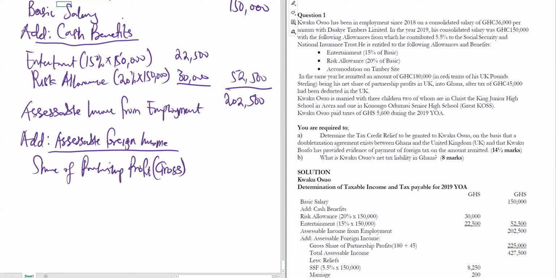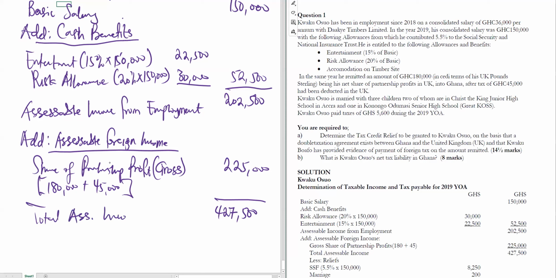Gross. And the gross, we had it to be 225,000. Do you remember? Because you receive net of 180,000, and then you add back the tax. So that is 225,000. We add it together, 427,500, which becomes our total assessable income.